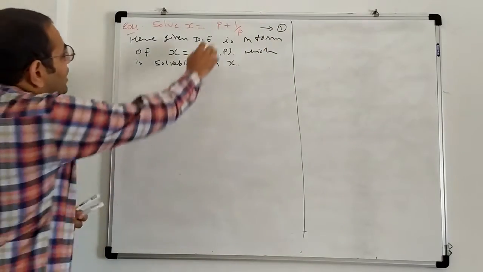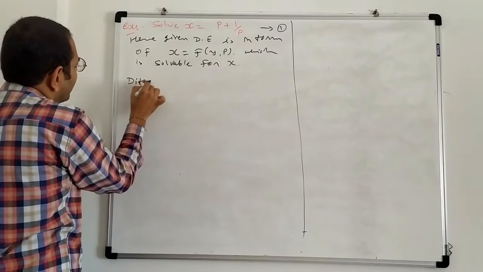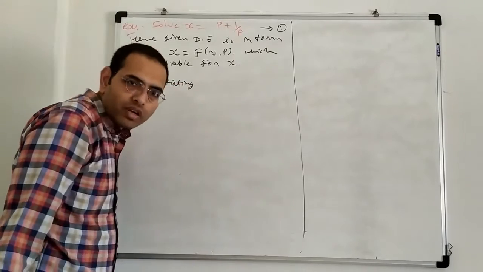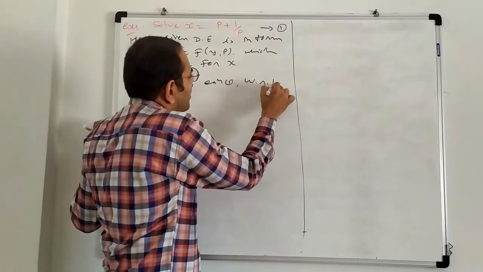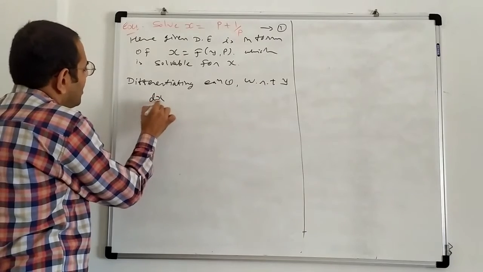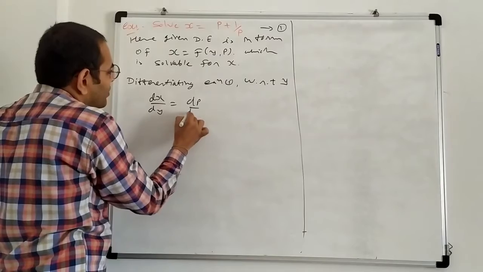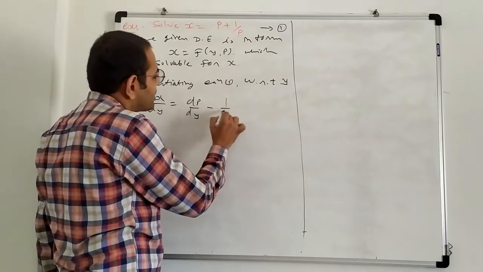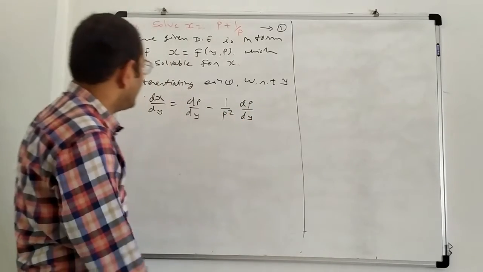Now differentiating equation number 1 with respect to y. Then dx by dy equal to dp by dy, plus differentiating 1 upon p, which is minus 1 upon p square, dp by dy.